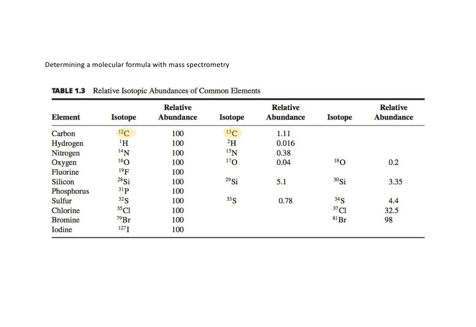Carbon-13 is about 1% of naturally occurring carbon. The ratio of chlorine-35 to chlorine-37 approaches 3 to 1, and bromine-79 versus bromine-81 occurs in very close to a 1-to-1 ratio.